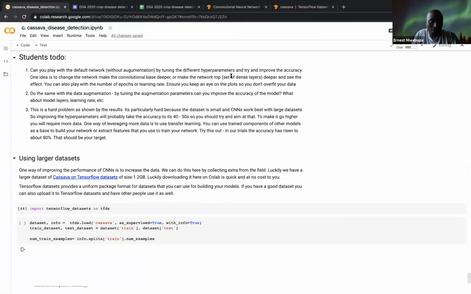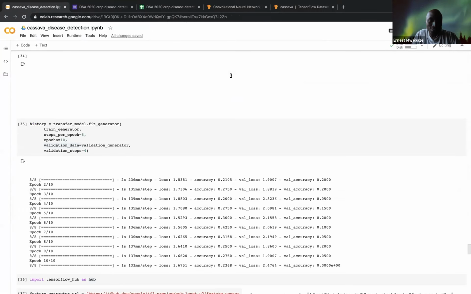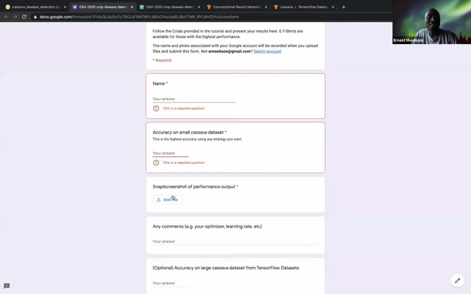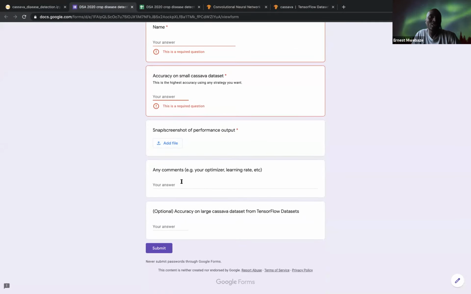So a screenshot something like this. You can take a screenshot of this thing here and you upload it. We don't want people to upload results which we are not sure of. And then any comments, if you changed the learning rate, it's optional. And optionally, if you've tried on the larger data set, you can.